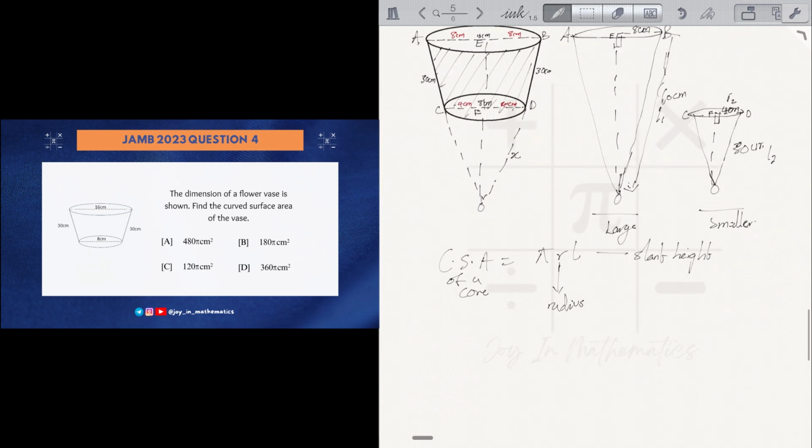So with that done, the curved surface area of the vase, that's the flower vase in question, or let's say the shaded portion here, is equals to the curved surface area of the large cone minus the curved surface area of the smaller cone.